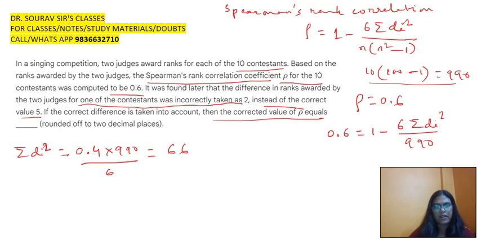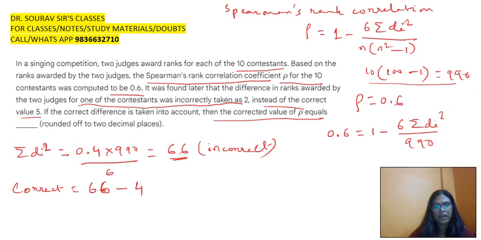66. Now in summation di square, 2 was incorrectly taken and the correct value is 5. So the original incorrect total summation di square is 66. The incorrect one was 2, so 2 square is 4.